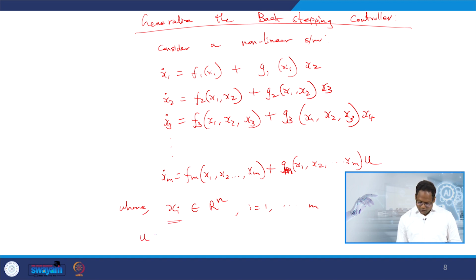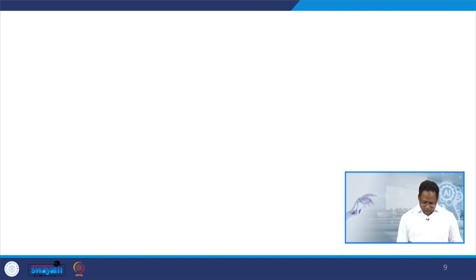Likewise, we have u belonging to the Euclidean space of dimension n, a vector of control inputs, and the nonlinear functions fi, gi belonging to n cross n Euclidean space where i equal to 1 till m.